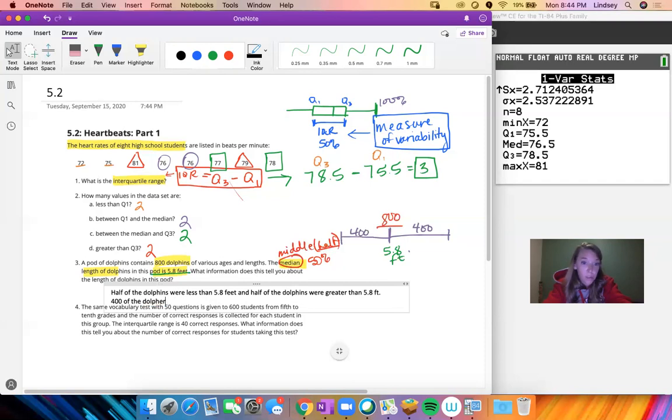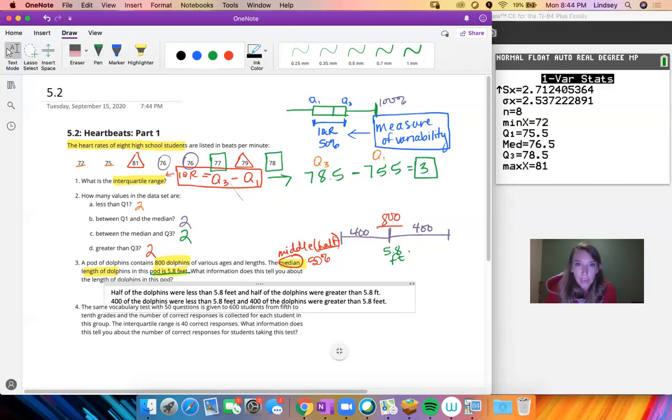because we know how much we had, 400 of the dolphins were less than 5.8 feet, and 400 of the dolphins were greater than 5.8 feet. Either one of those would work, but it's really easy to overthink that.